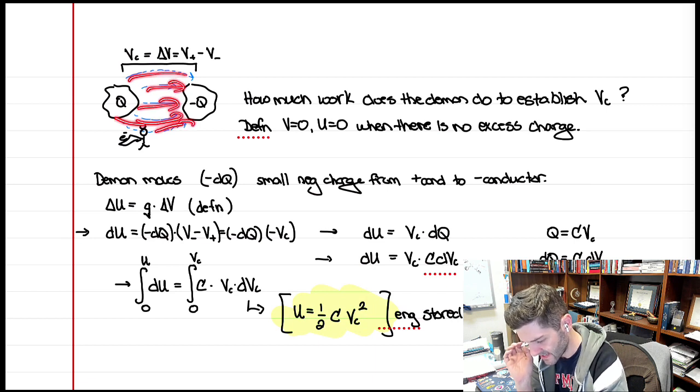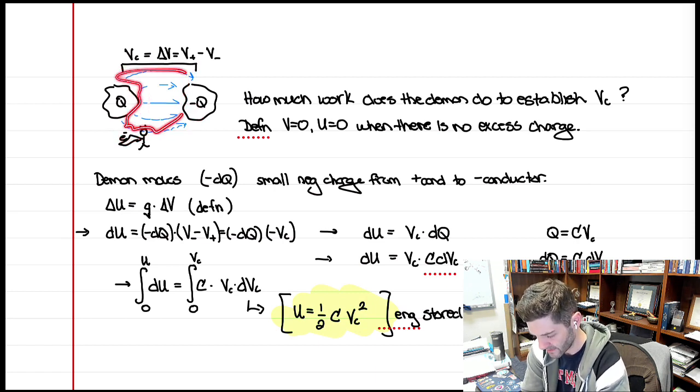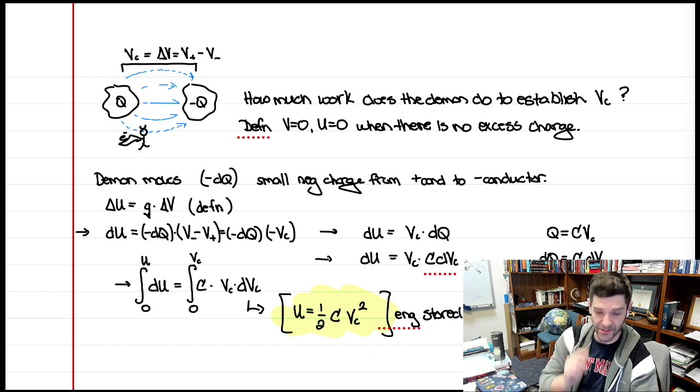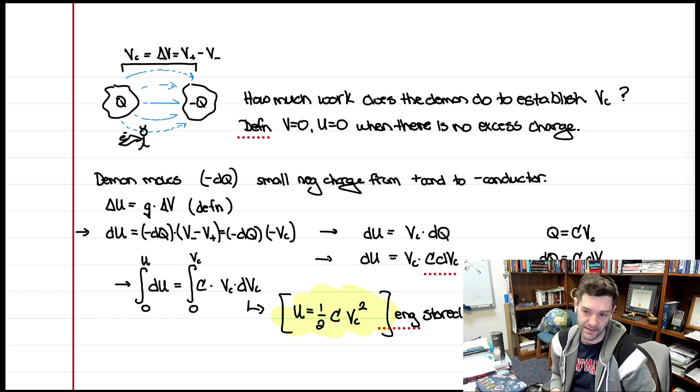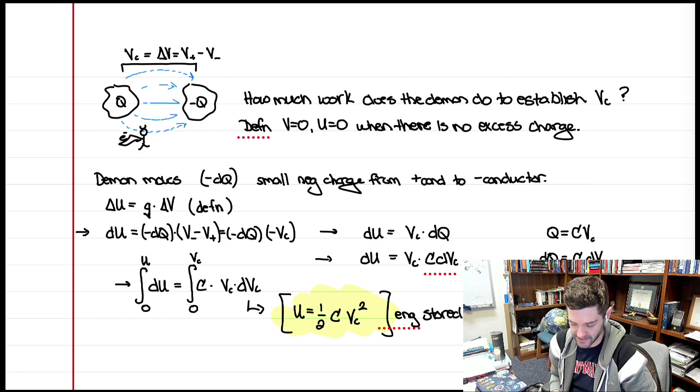It came from this demon doing work. And so all that energy that was exerted by the demon essentially becomes potential energy that is stored away in the electric field, or stored in this capacitor. And the total energy that it has is this very simple formula. So this is a very good result.